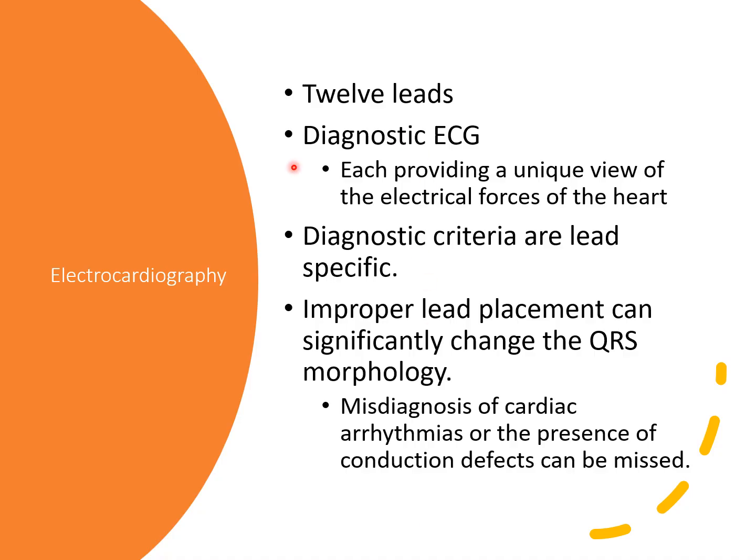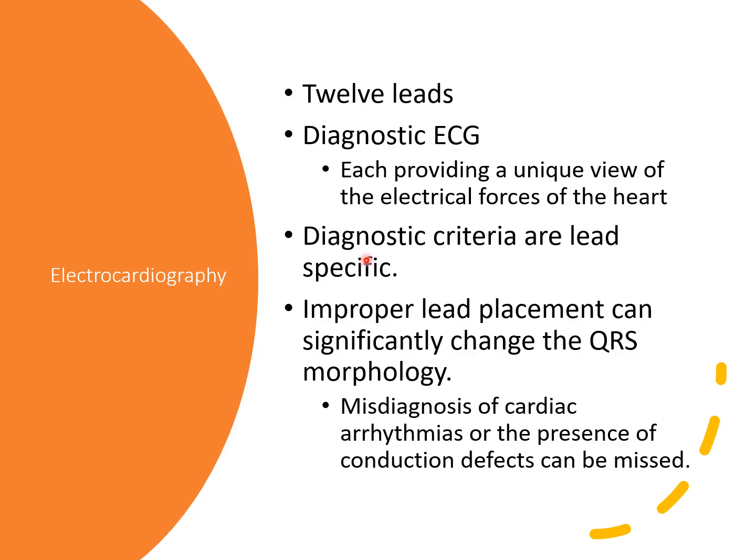So how do we look at these electrical signals for our patients? Typically, we use what we call electrocardiography or a 12-lead EKG. These are diagnostic EKGs, which provide a unique view of all of the electrical forces moving through the heart. We've talked about EKG already quite a bit when we've had our discussions of things like pericarditis and heart attacks and how those look on EKG.